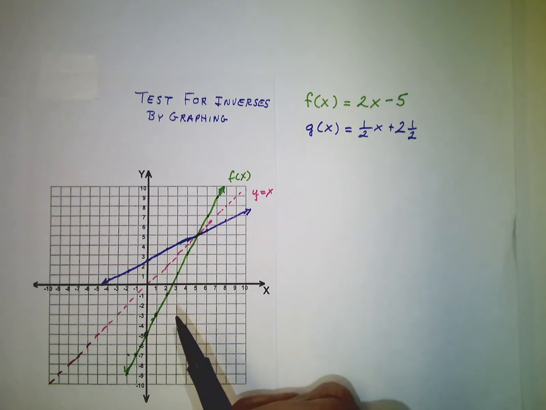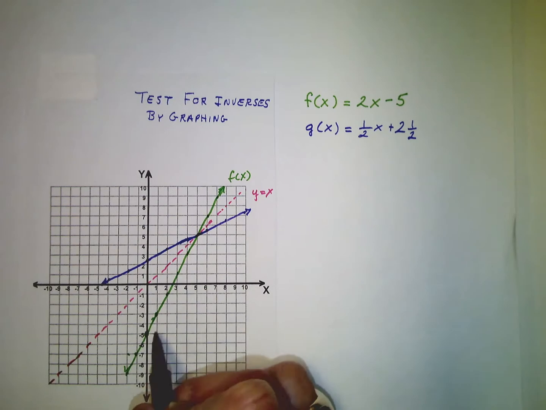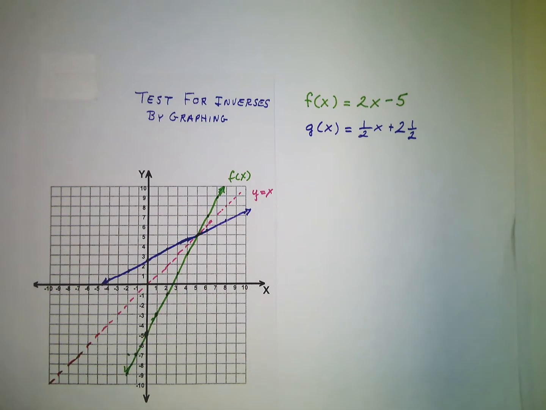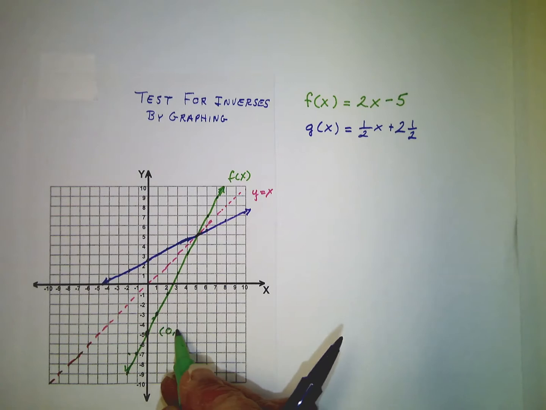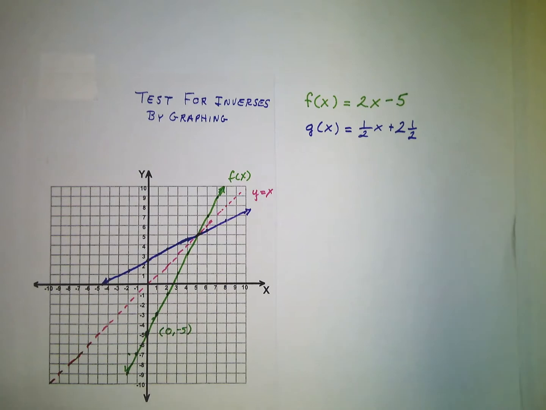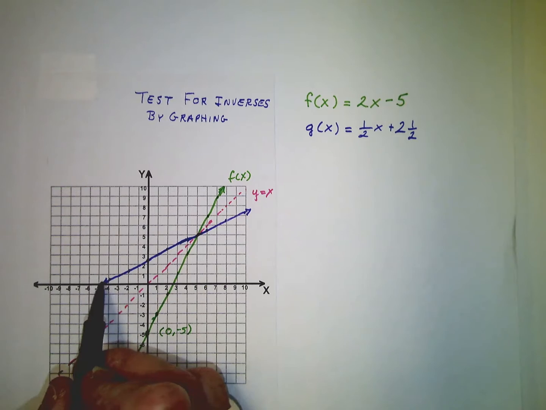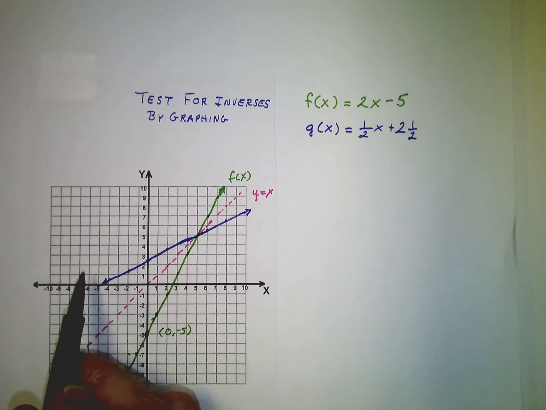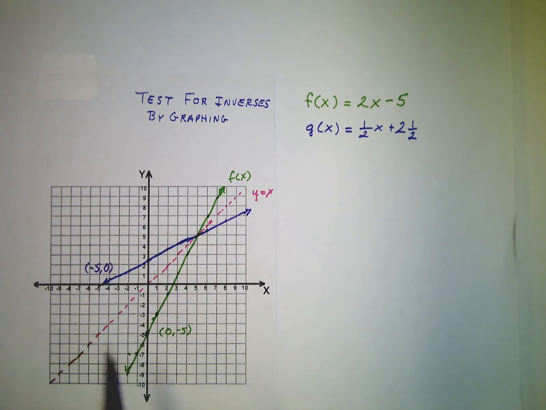Although my lines weren't perfectly straight, we could check some points here. On the f of x function, this is the point 0, negative 5. Its reflection over here, for the g of x function, is the point negative 5, 0. So the x and the y are switched.